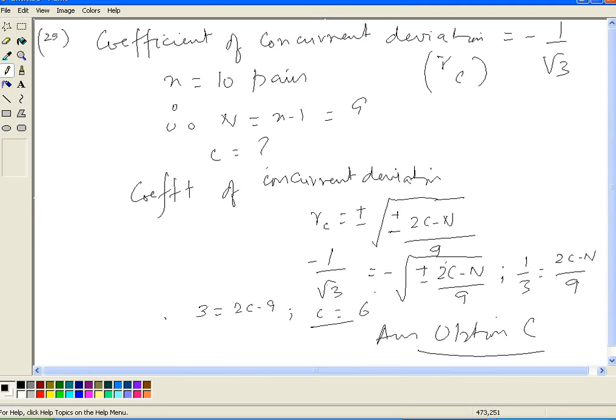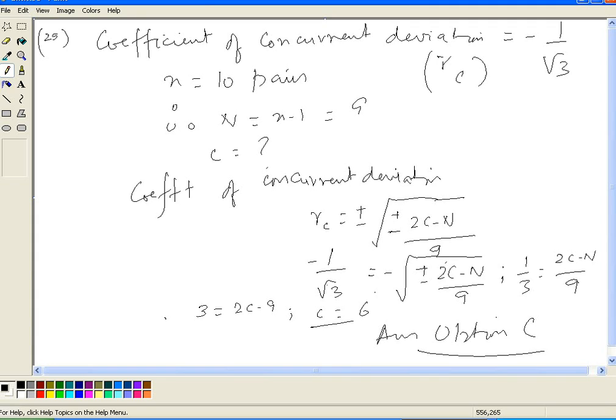So the coefficient of concurrent deviation is rc equal to plus or minus root of plus or minus (2c minus capital N) by capital N. Now when you try to simplify, we get c equal to 6.